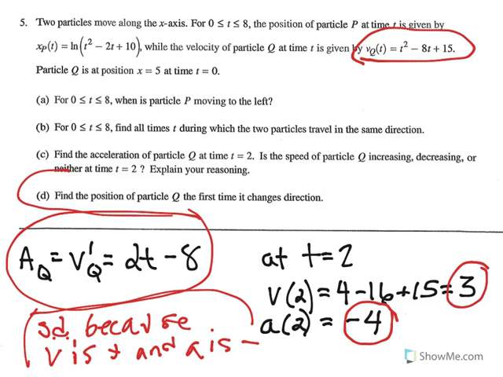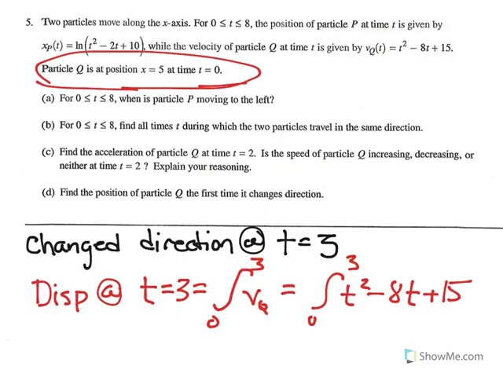The last piece says find the position of particle Q the first time it changes direction. Okay, so the position is going to deal with displacement. We know it changed direction at time t equals 3. We can look back at our chart from before to realize that happened. So its displacement at time t equals 3 is the integral from 0 to 3 of that function, because displacement is the integral of velocity.